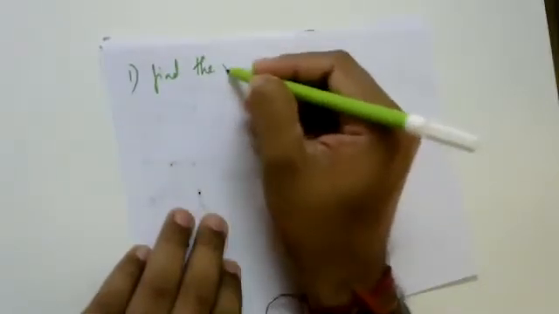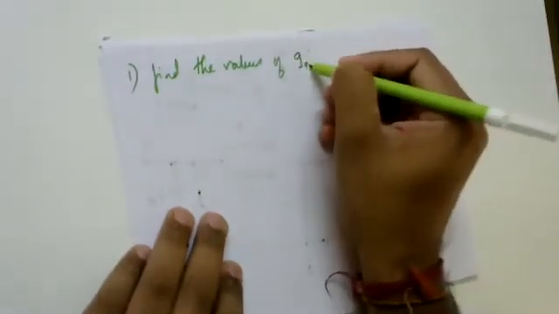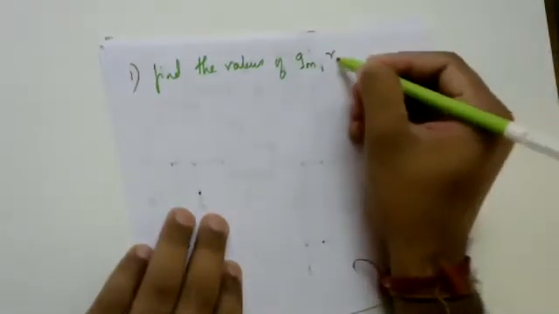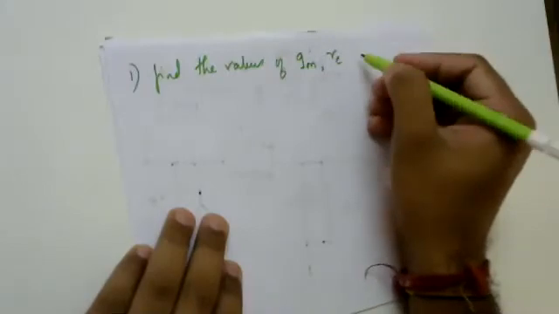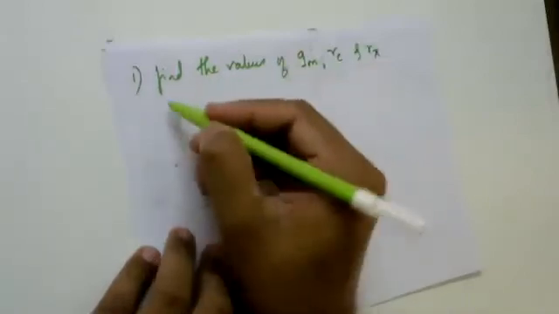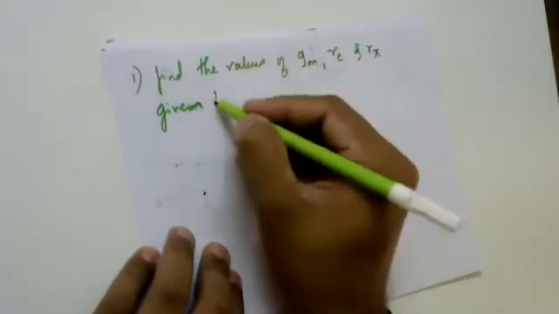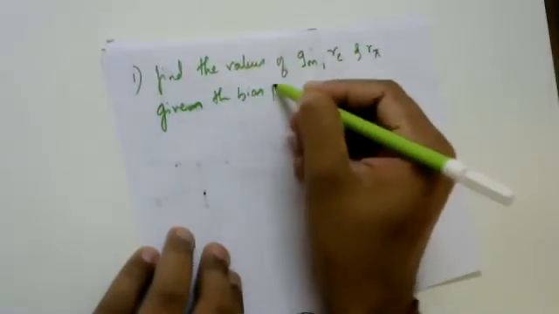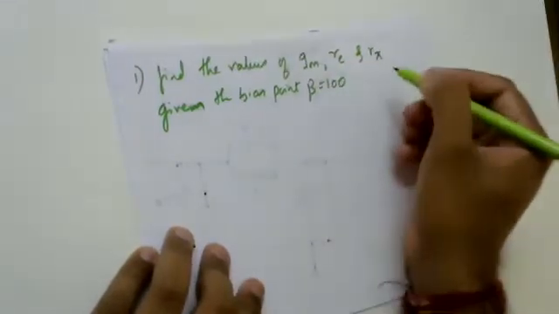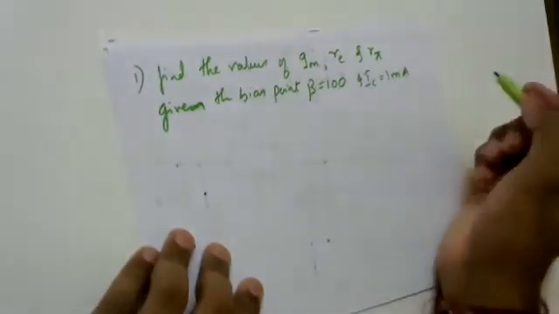Find the values of GM, which is called the transconductance, RE, the emitter resistance, and R pi, given the bias point, beta is equal to 100 and IC is equal to 1 milliamp.